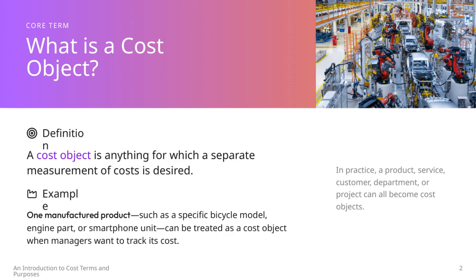By treating these as cost objects, companies can identify exactly how much it costs to produce or support each one. But it's not limited to just products. Services, customers, departments, or even projects can also serve as cost objects. Understanding what qualifies as a cost object helps organizations allocate costs accurately and make better financial decisions.